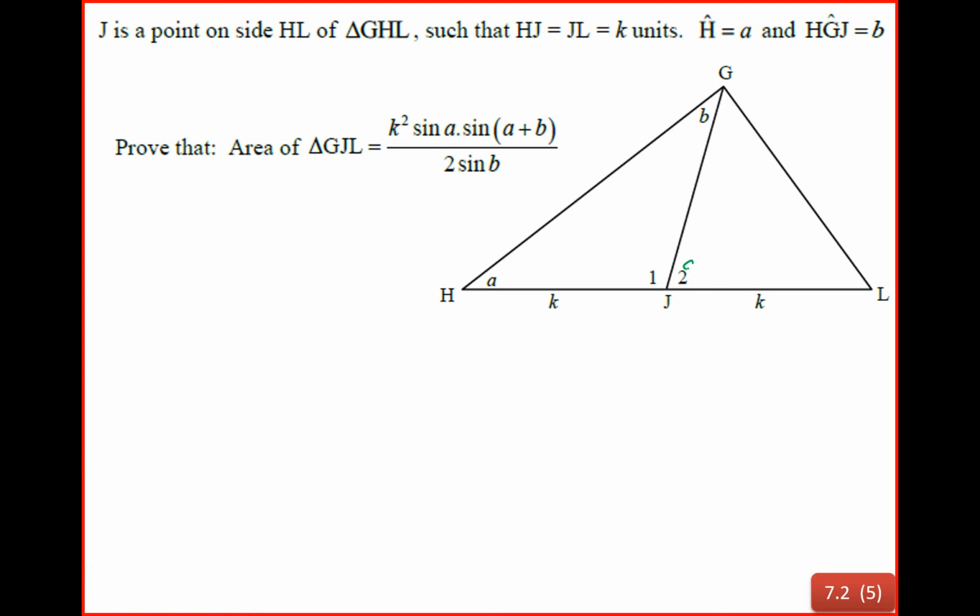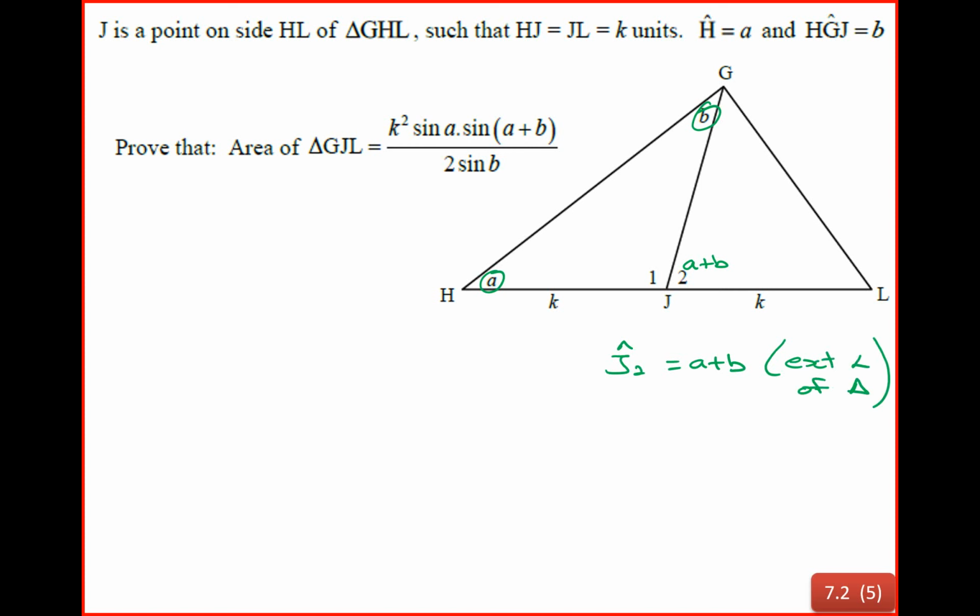So J2 should be equal to A plus B, because we have angle A and we have angle B. So I know that J2 is A plus B using the exterior angle of a triangle. So you may want to write that down. That could help us.